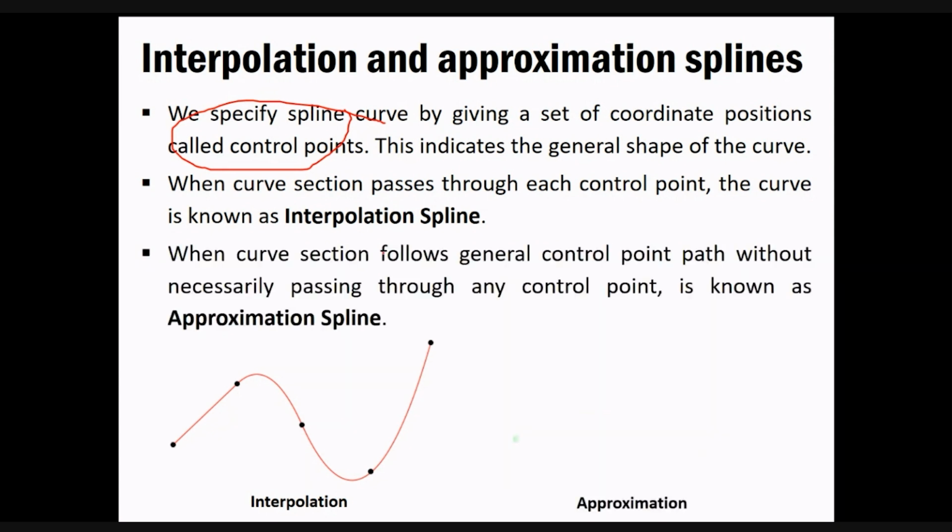So instead of going through each of the control points defined in your algorithm, your curve or line follows a general path instead of going in the exact direction. These are the approximation splines. Two simple things. Don't put any logic into it.